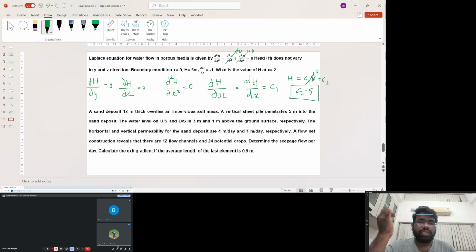And dh/dx is -1, hence that is equal to C1, which is -1. So now the equation will be h = -x + 5. So the head at x = 2 will be 3 meters.